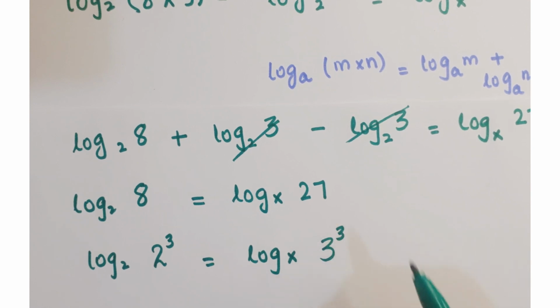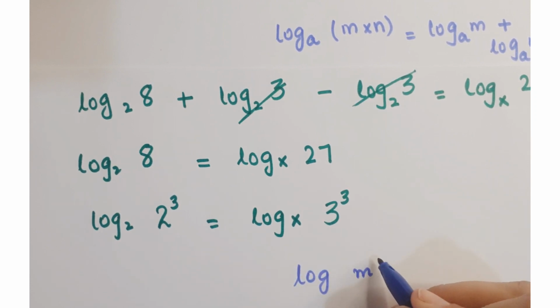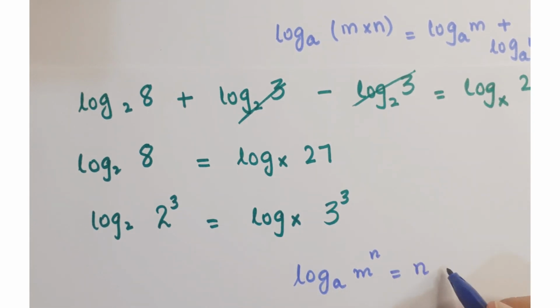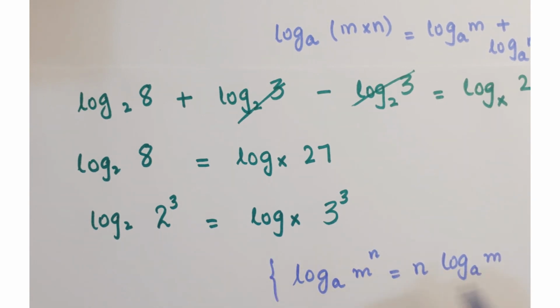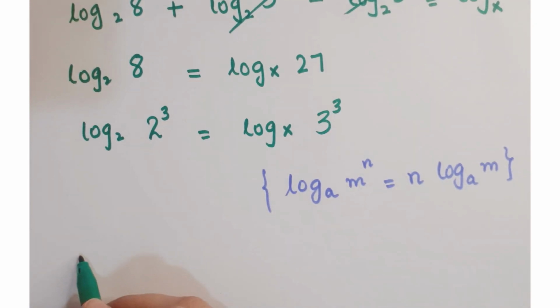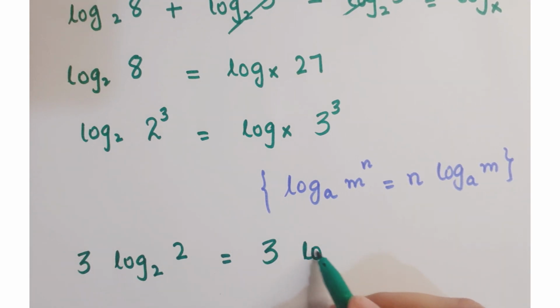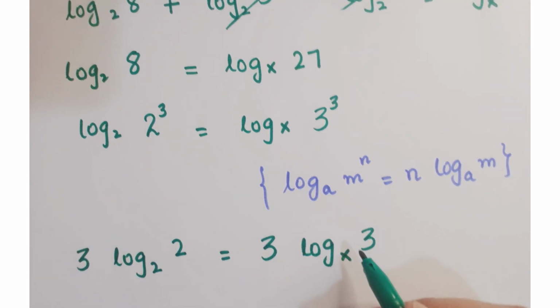Now as you know that log of m to the power n to the base a can be written as n into log of m to the base a. So this can be written as 3 log of 2 to the base 2 is equal to 3 times log of 3 to the base x.